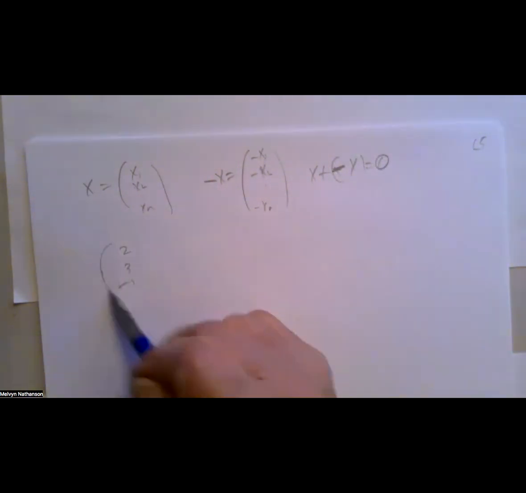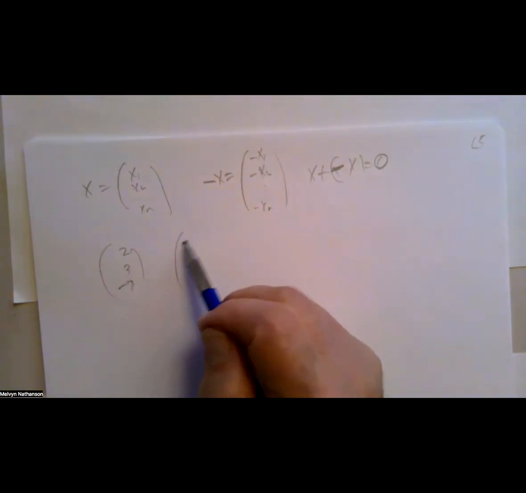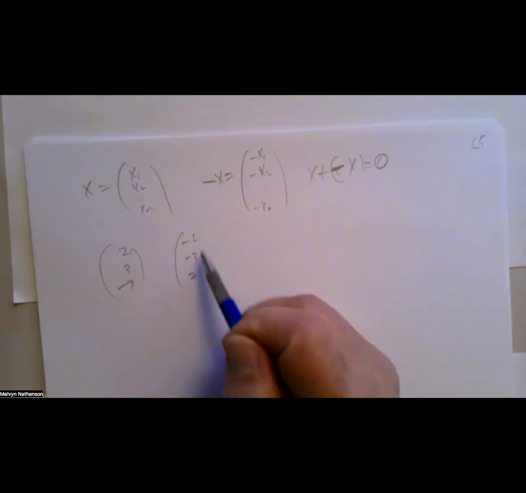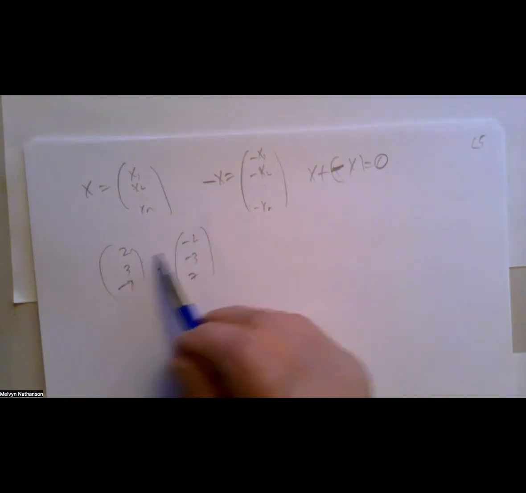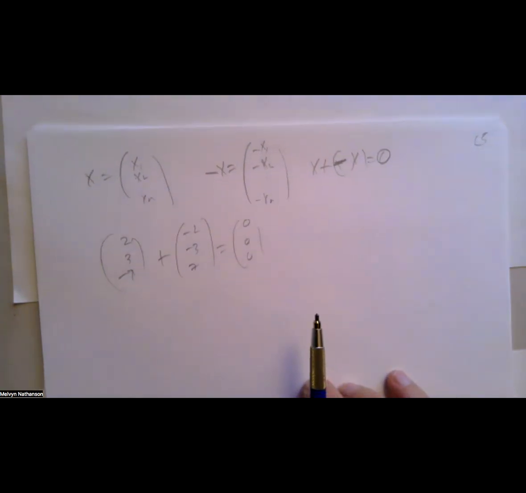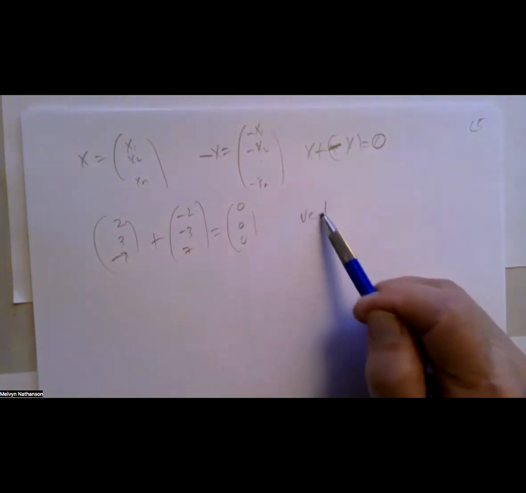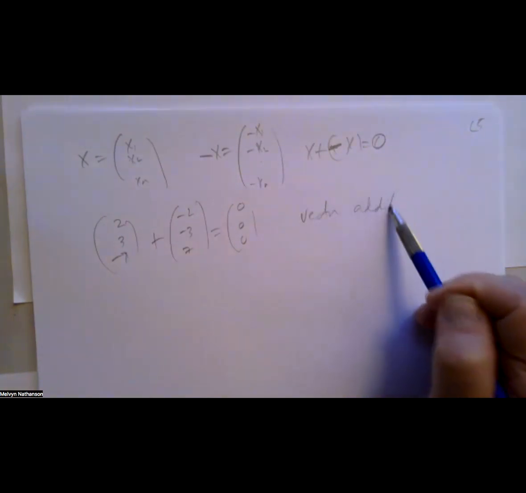So 2, 3, minus 7, if you change the sign of each coordinate, you get minus 2, minus 3, plus 7. And when you add, everything cancels and you get 0, 0, 0. So this is the operation of vector addition.